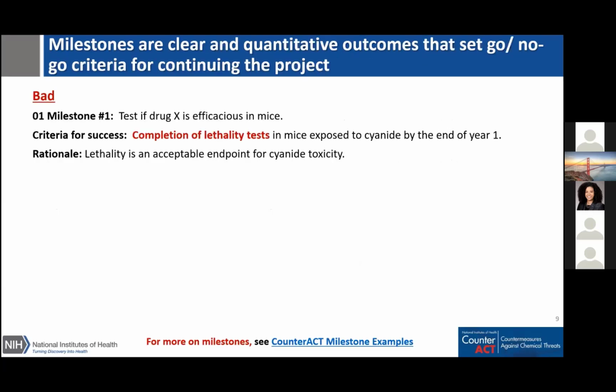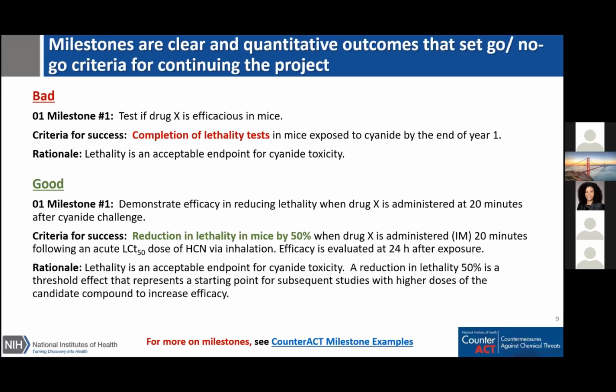A bad or unacceptable milestone would state to complete tests on a drug, but a better milestone has criteria included to unambiguously quantify success. For example, the milestone or goal is to demonstrate efficacy in reducing lethality when drug X is administered at 20 minutes after cyanide challenge.